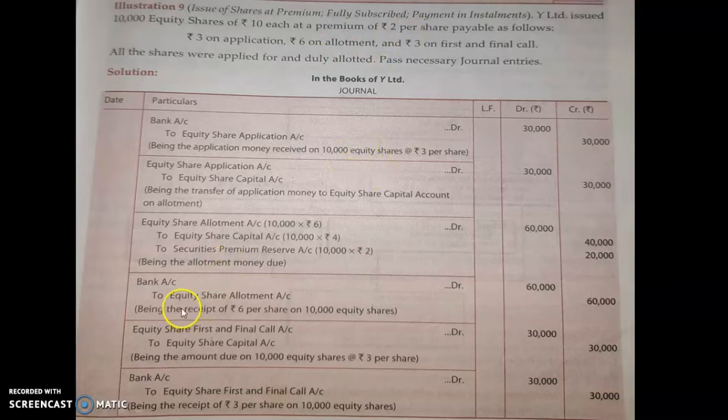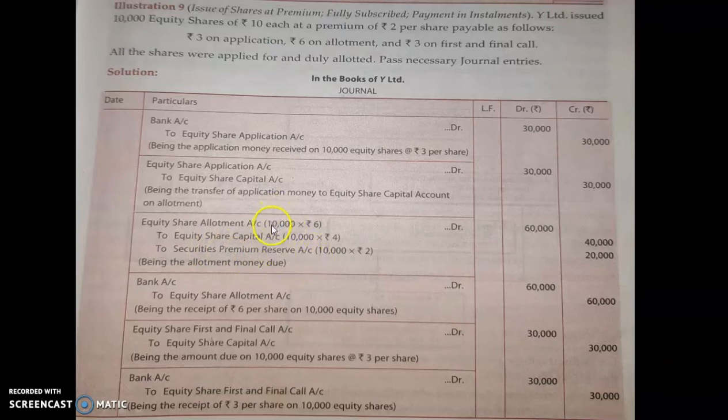So let us pass this journal entry first. We are making a call for allotment money. So the journal entry will be equity share allotment account debited to equity share capital account and to securities premium reserve account, because we are collecting securities premium at the time of allotment. So you have to pass this entry.